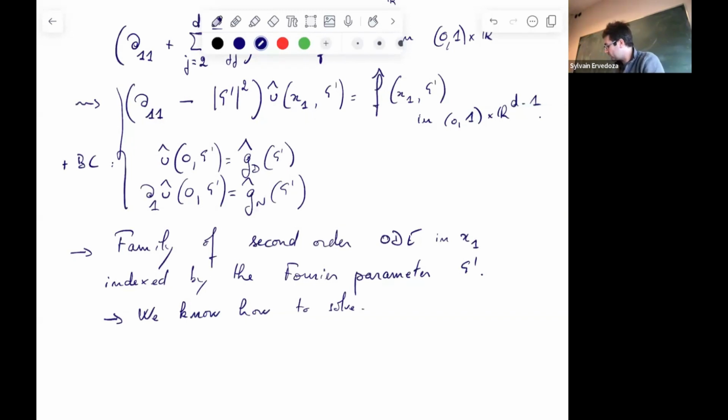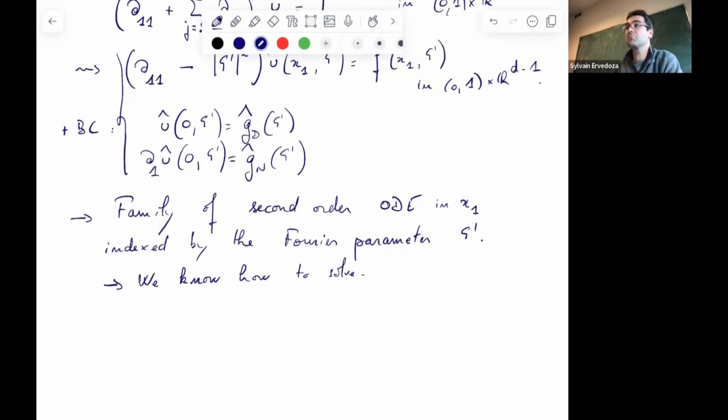And so I can give you the answer. So again, now this is an easy exercise, right? We have a parameter psi prime, it does not depend on x1. So we are really solving a family of ODEs. And at the end of the day, after a few computations, you will get a formula like this.